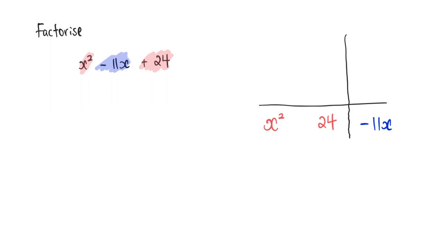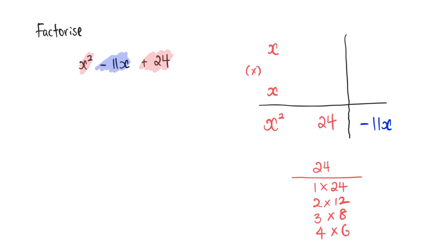So I just need to make sure that I will have x times x to give me x squared. As for 24, when I list out all the factors here, I need to select a pair that will allow me to get 11. And 3 and 8 will allow me to do that.